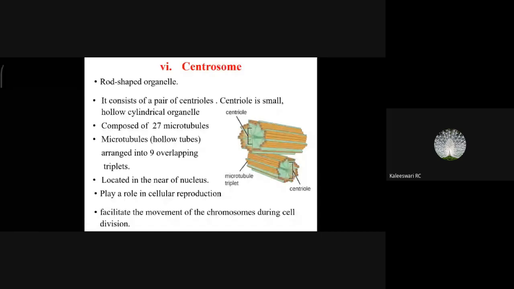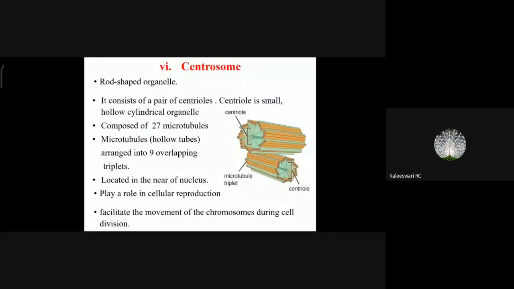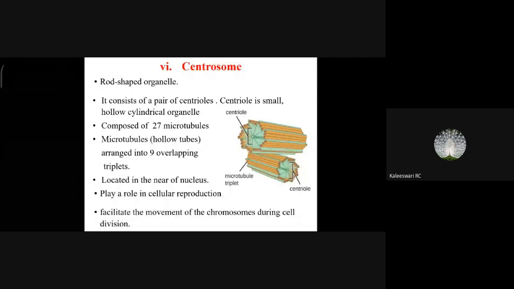So our centrosomes are the skeleton of the cell. So the main function of centrosome is cellular reproduction. Means the main function of centrosomes is in cell division. They help or facilitate the movement of chromosomes during cell division.